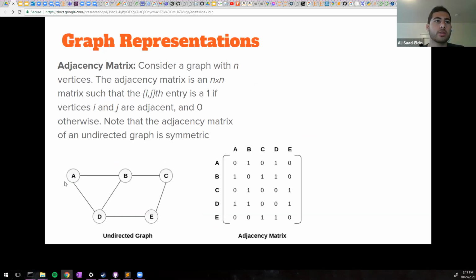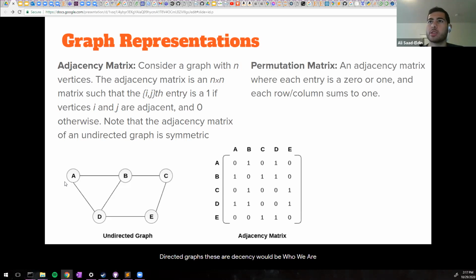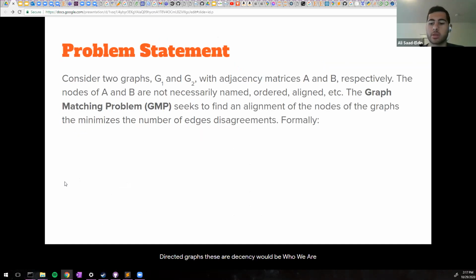And for undirected graphs, these adjacency matrices are symmetric, and for directed graphs, they are not symmetric. And a permutation matrix is basically a matrix where each entry is a 1 or a 0, and all the rows and columns sum to 1. So the specific problem here is known as the graph matching problem.